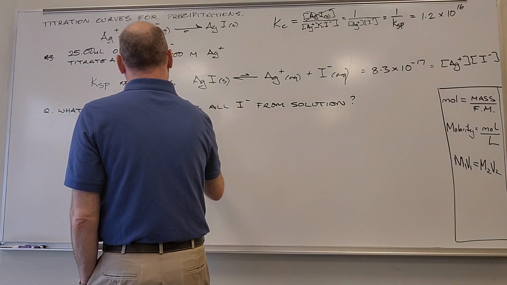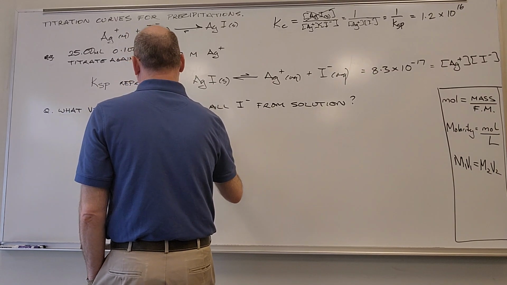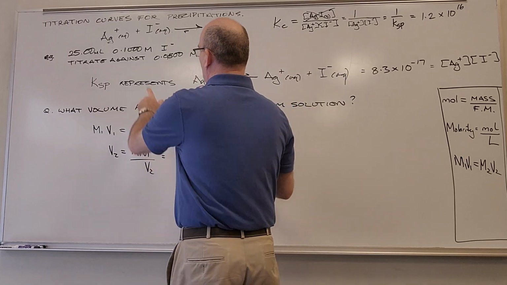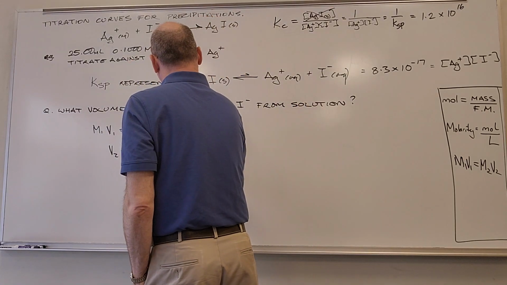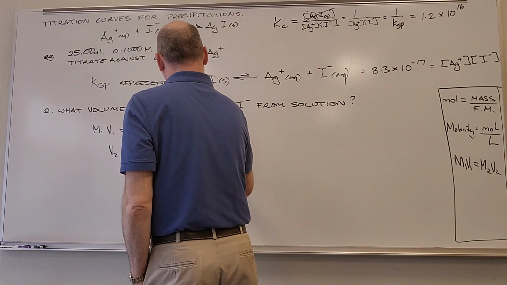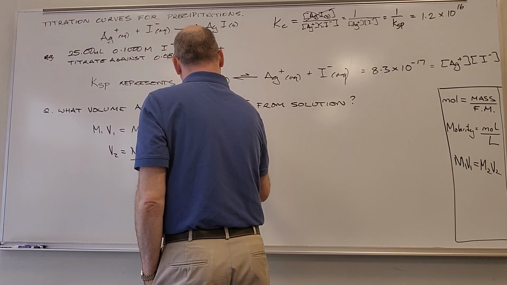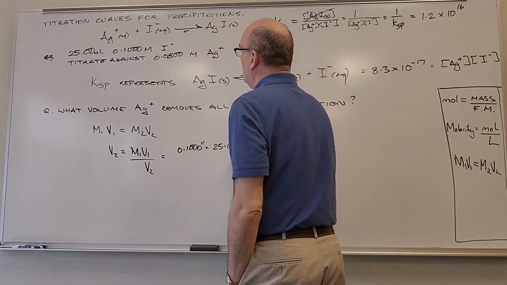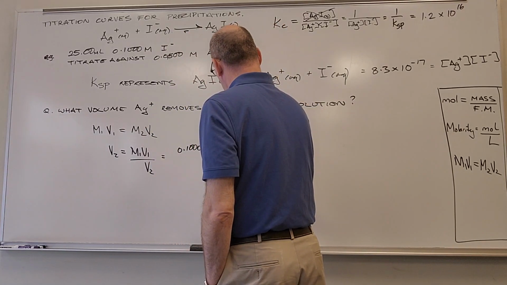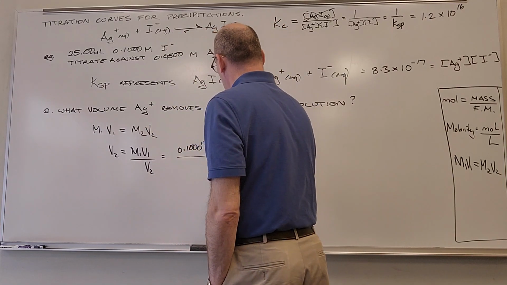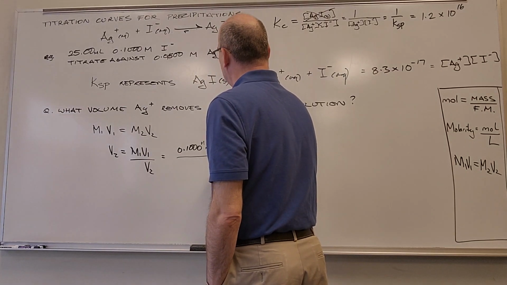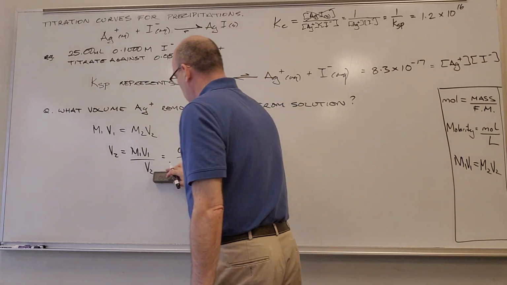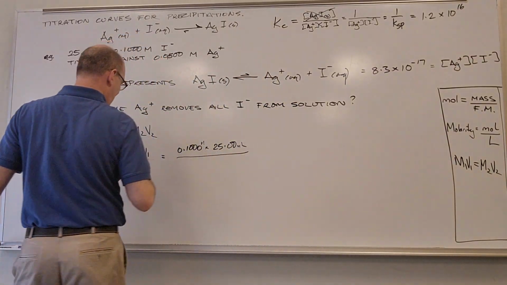Okay, so let's actually do it in the right order. 0.1 times 25, so that's a molarity, 25 milliliters.